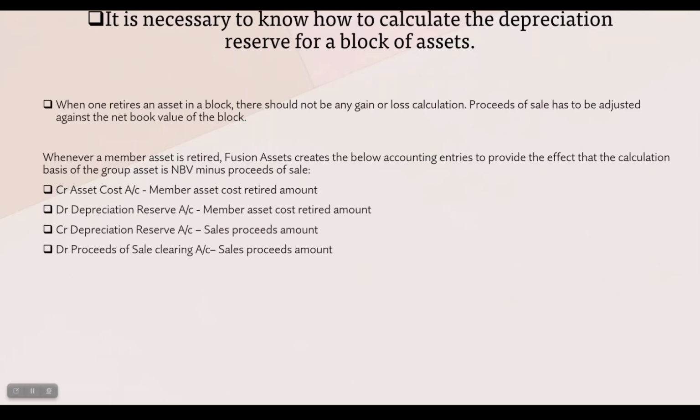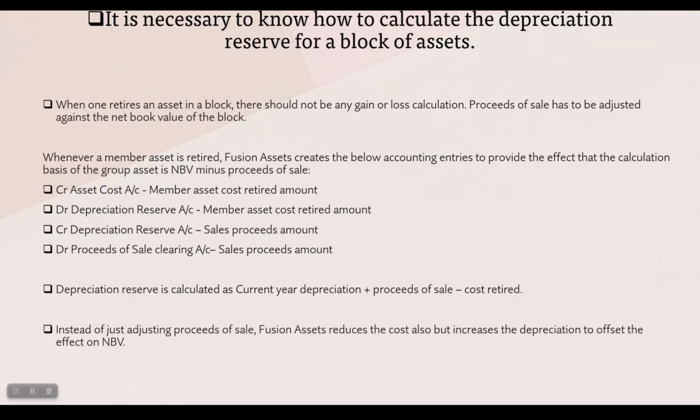You will find: credit asset cost of member asset cost retired amount, debit depreciation reserve member asset cost retired amount, credit depreciation reserve of sales proceeds amount, debit proceeds of sale clearing account, which is the sales proceeds amount. Depreciation reserve is calculated as current year depreciation plus proceeds of sales minus cost retired.